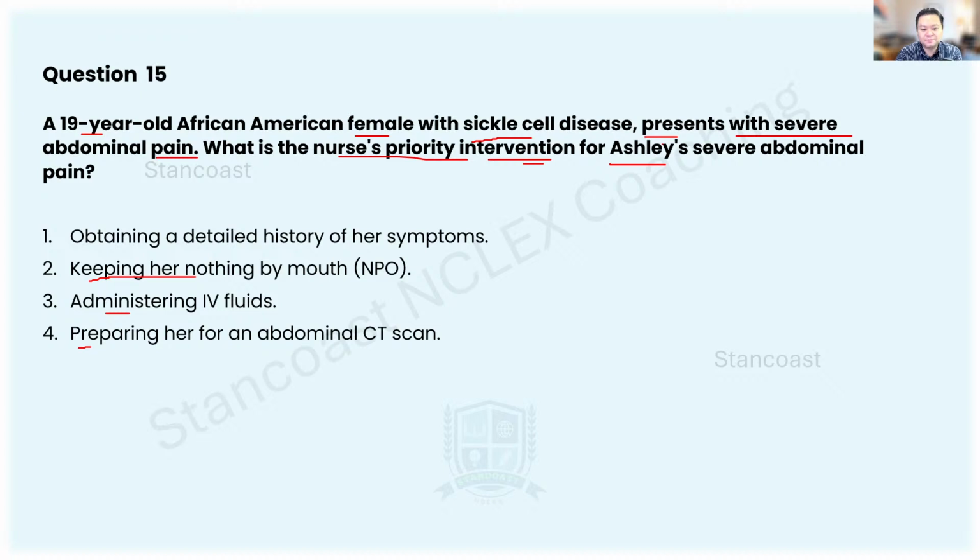Okay? What do you think? Severe pain. Looking into the answers, I'm seeing so many 3s. There are 2s. There are several 1s. Okay. Nurse's priority intervention for severe abdominal pain.